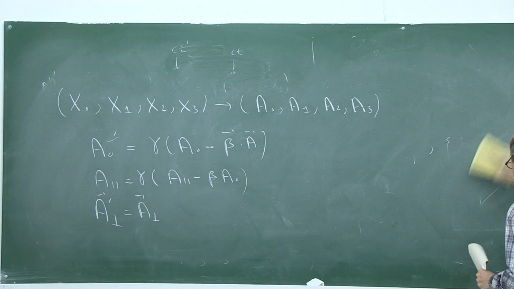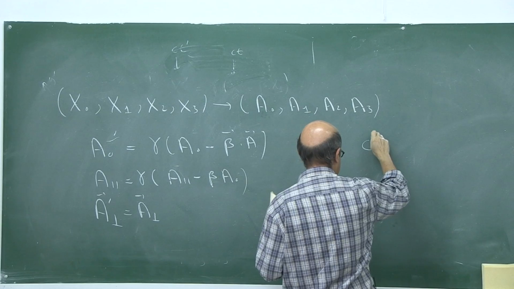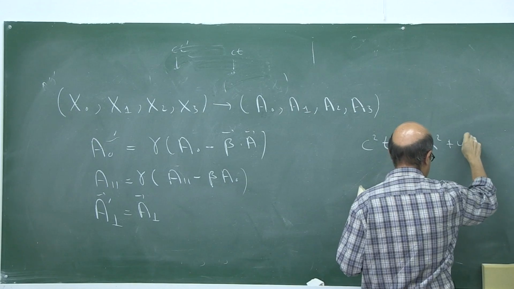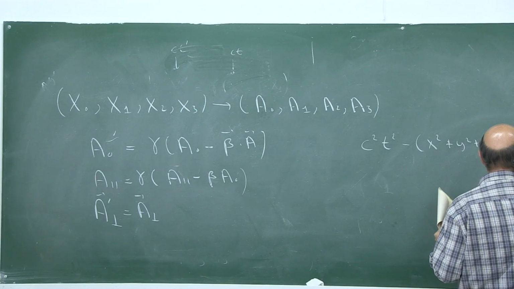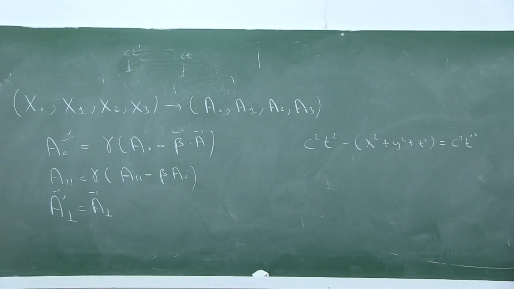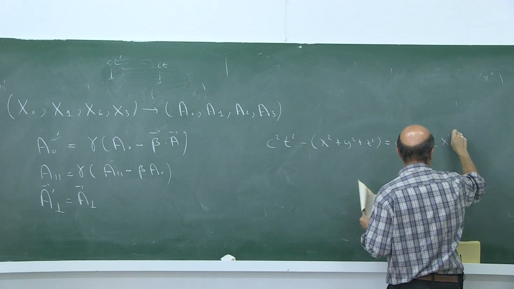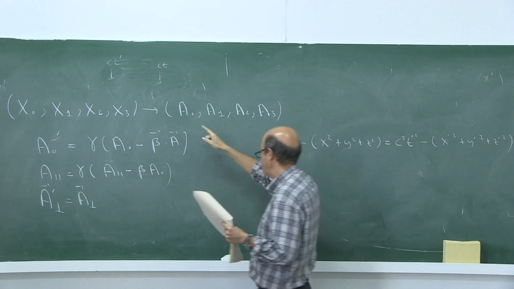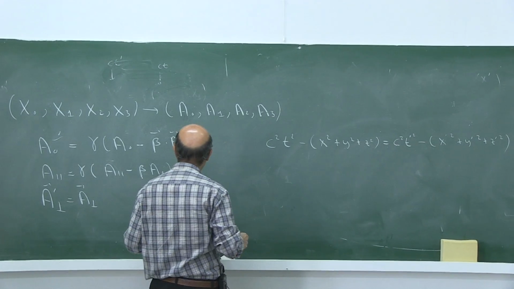What I said in the beginning, c square t square minus x square minus y square minus z square is equal to c square t prime square minus x prime square minus y prime square minus z prime square. For any vector, the scalar product, which is called in that form, is invariant.